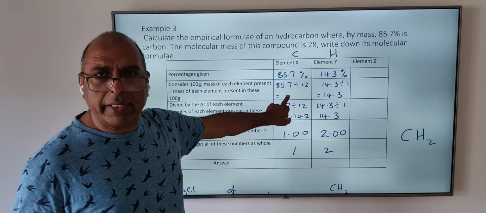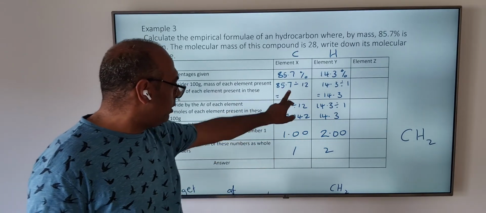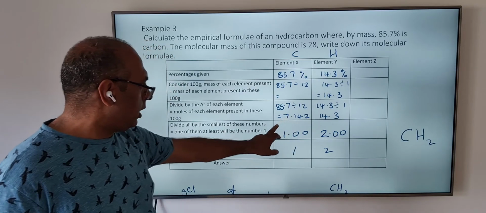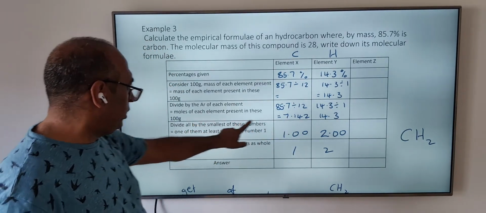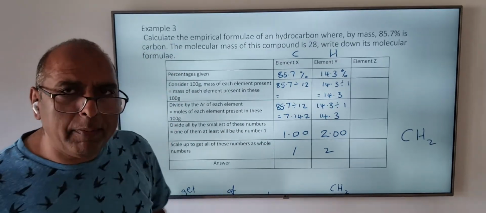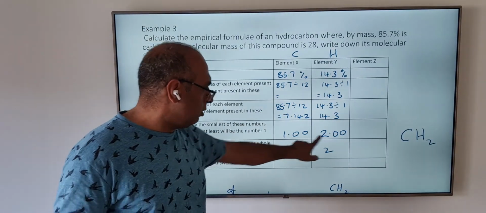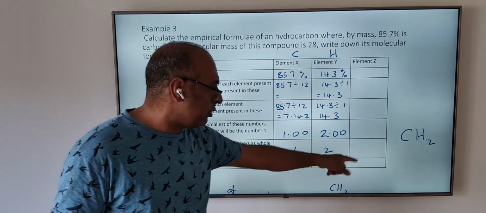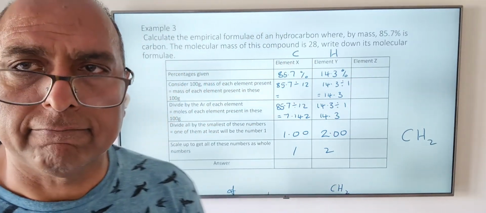I don't know why that answer hasn't come through in my PowerPoint, but you can get your calculator out and work that out, and you'll find that it works out to be 7.142. And then you divide by the smallest. When you divide by the smallest, that becomes 1, that becomes 2, ratio 1 to 2, CH2. So that's the empirical formula.